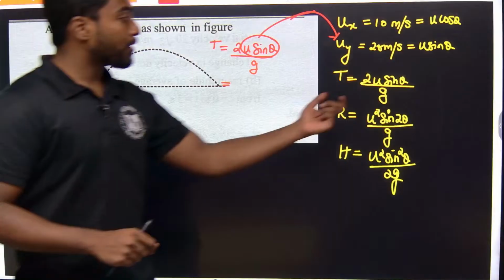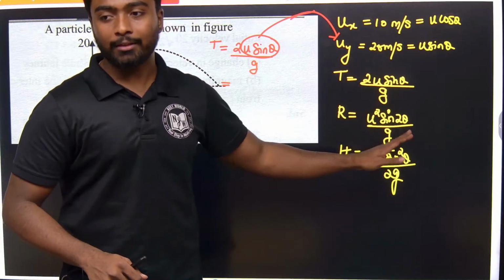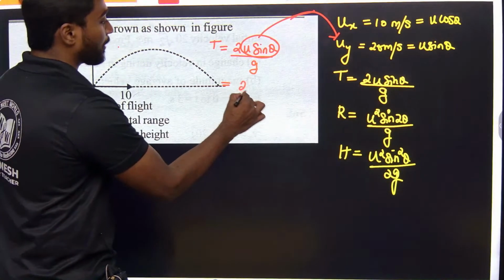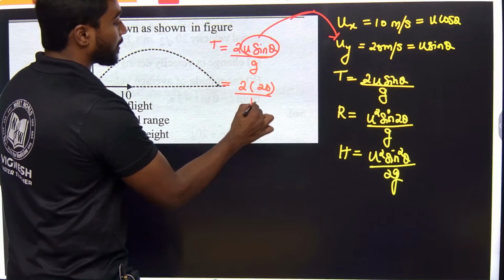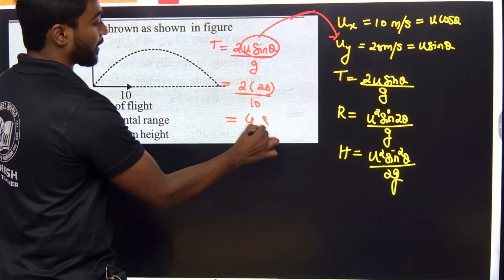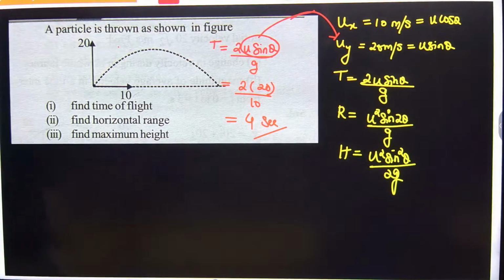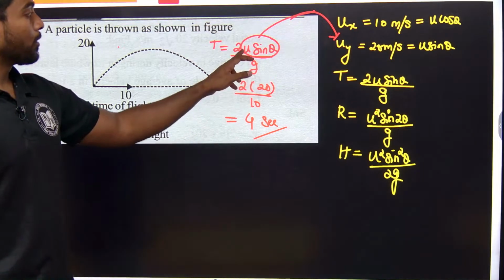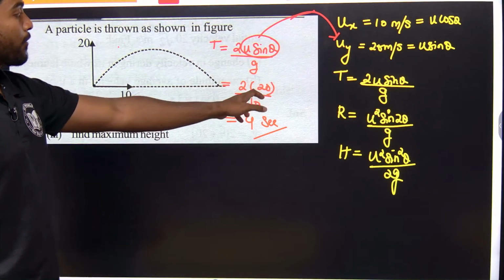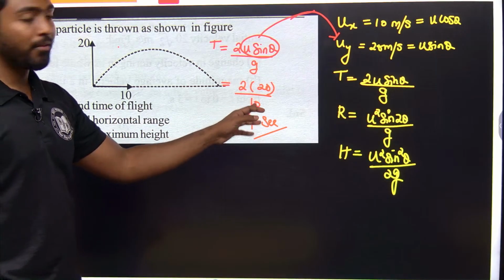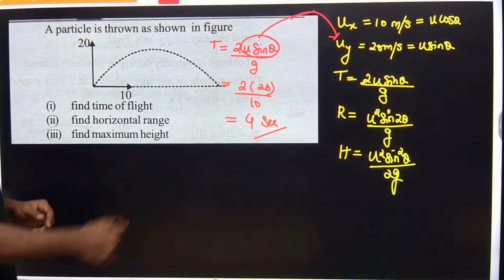So 2 times 20 divided by 10 is 4 seconds. That's the answer. Simple, right? 2u sin theta is 40, 40 divided by 10 is 4. We will do the next one.